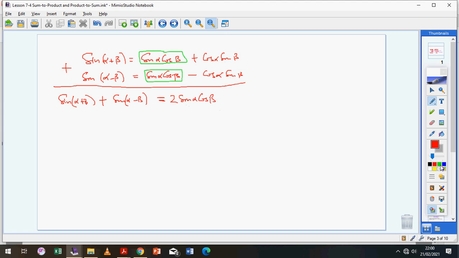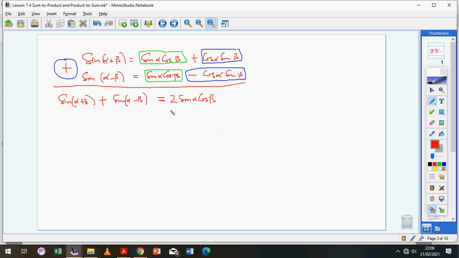And this term over here, cosine alpha sine beta and cosine alpha sine beta in the bottom, are the same exact thing, but they have different signs. So if I'm adding two things that have different signs and they're exactly the same, they cancel out.